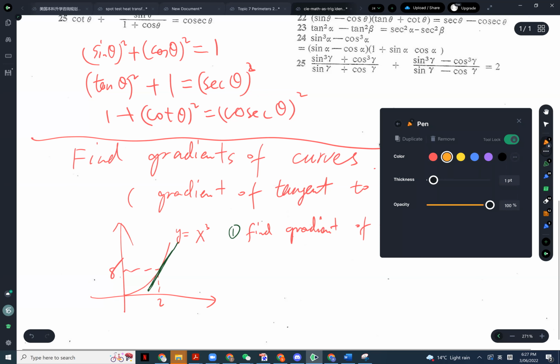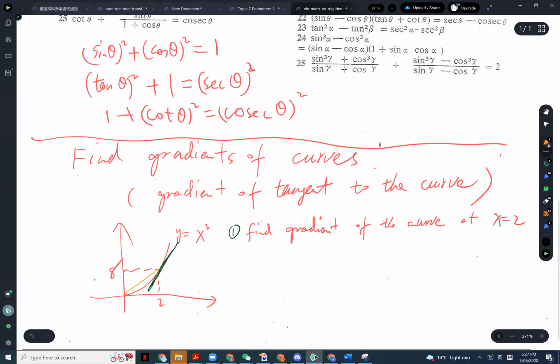Not the yellow one. Not this orange yellow one, whose gradient is 4. We need the gradient of the green line.